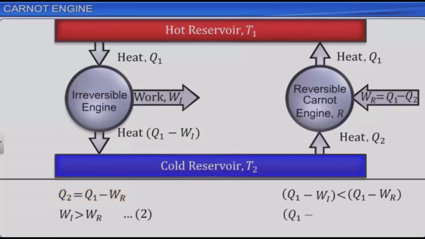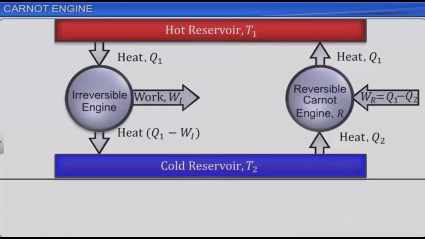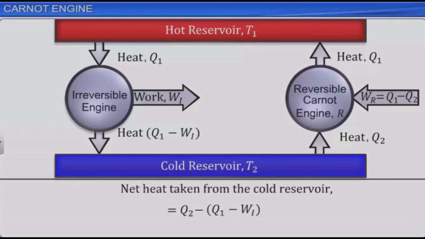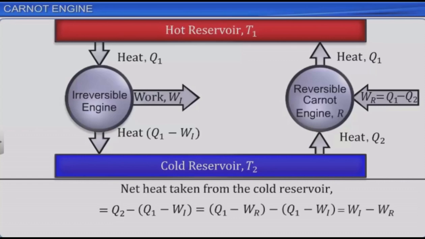Substituting the value of Q2 in this expression, we get Q1 minus Wi is less than Q2. Since Q2 is greater than Q1 minus Wi, the net heat taken from the cold reservoir is Q2 minus (Q1 minus Wi). On substituting the values of Q2 and on further simplification, the net heat taken out of the cold reservoir is equal to Wi minus Wr.